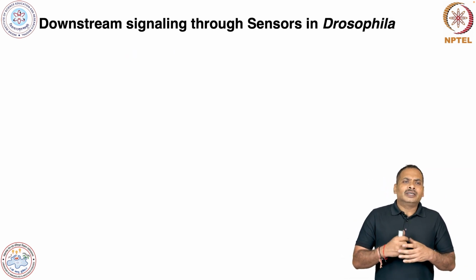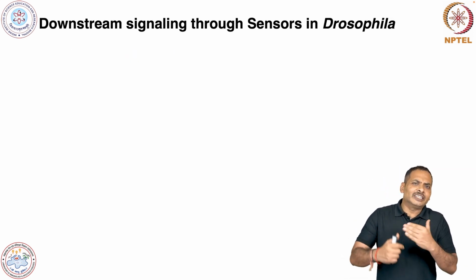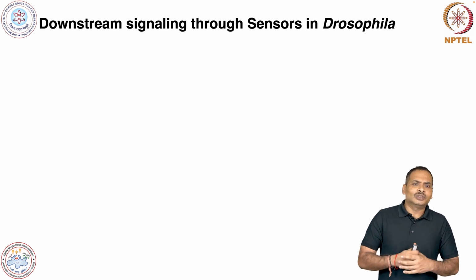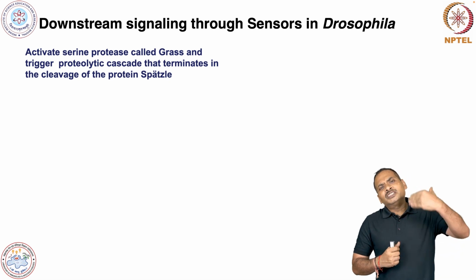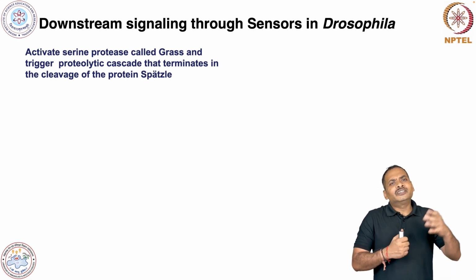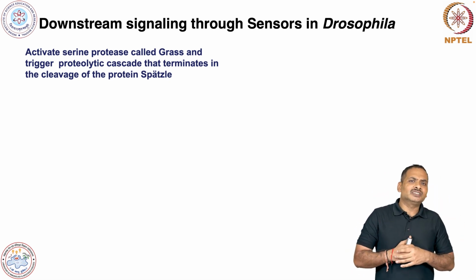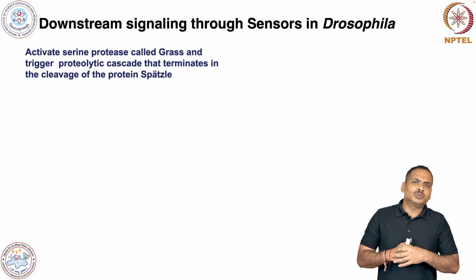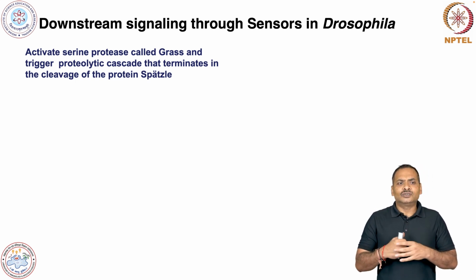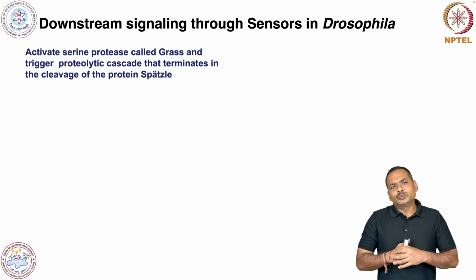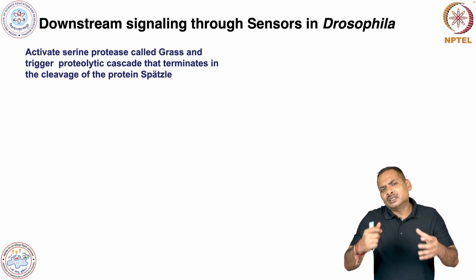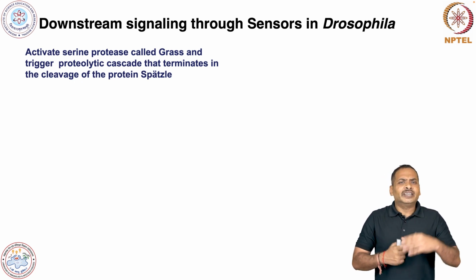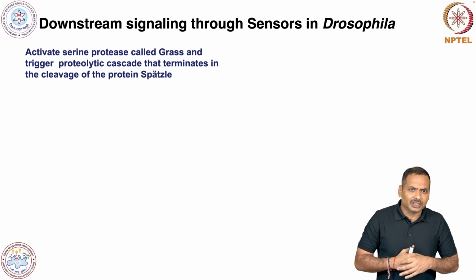So how is this basically taking place, all this sensing and signaling? Here I will give you a quick glimpse. Basically what is happening is there is an activation of a serine protease, known as GRAS, and that triggers the proteolytic cascade that eventually ends up with the cleavage of the inactive form of Spatzel protein, okay.